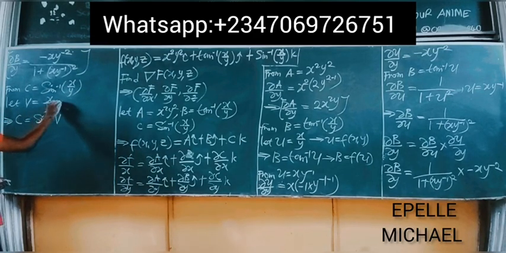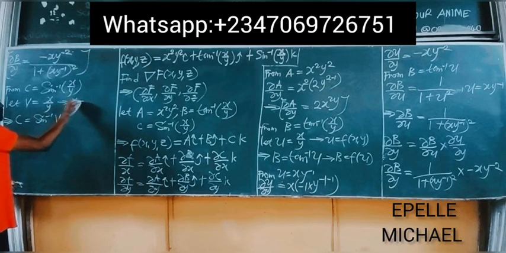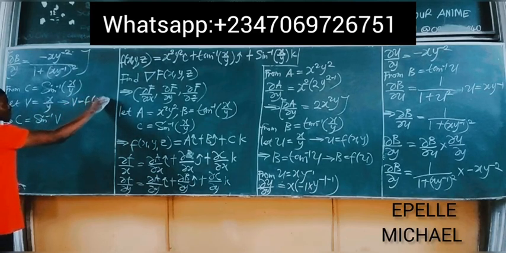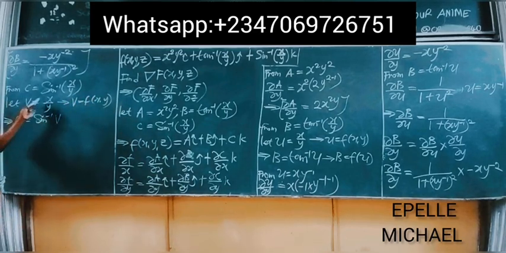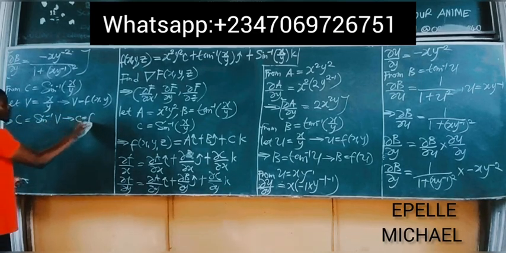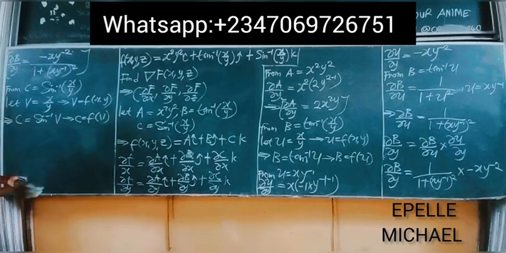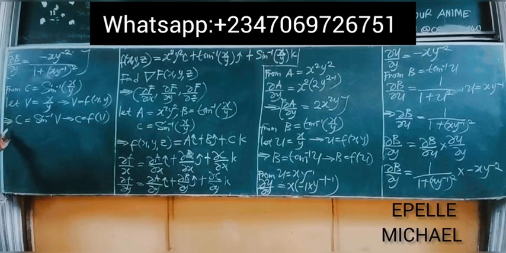So from here, it means that v is a function of both x and y, because v depends on both x and y, and also c is a function of only v, which means I can differentiate c with only v. And I've said if you have a function of a function, you're simply going to employ the chain rule to evaluate this differentiation.